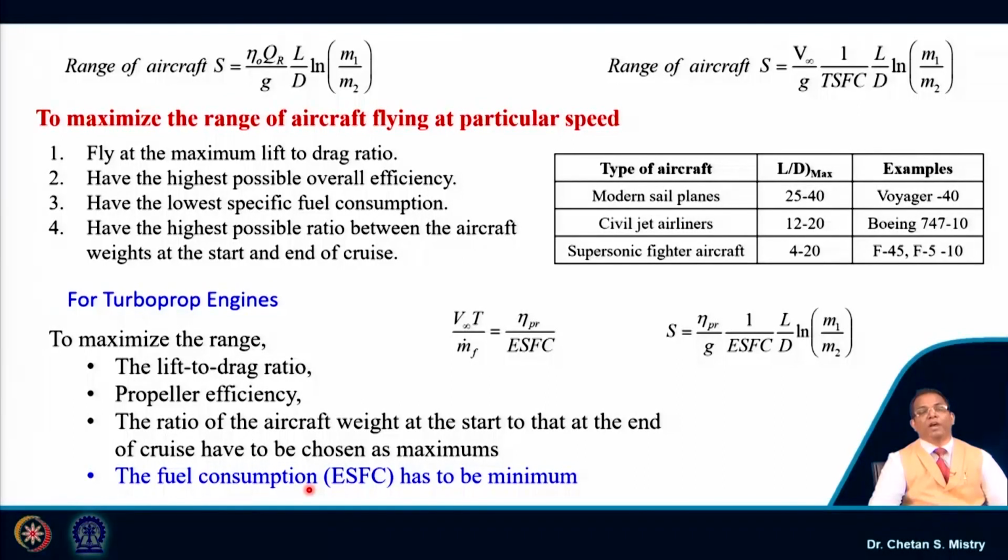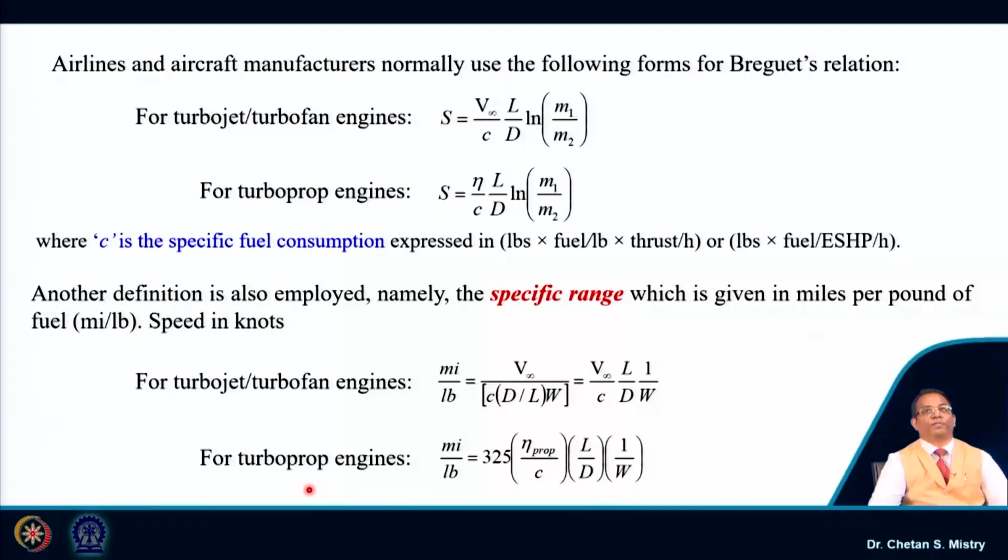Basically, my thrust specific fuel consumption is talking about the fuel economy. At the same time, it is discussing what the range of my aircraft will be, that is, the total distance traveled by my aircraft.